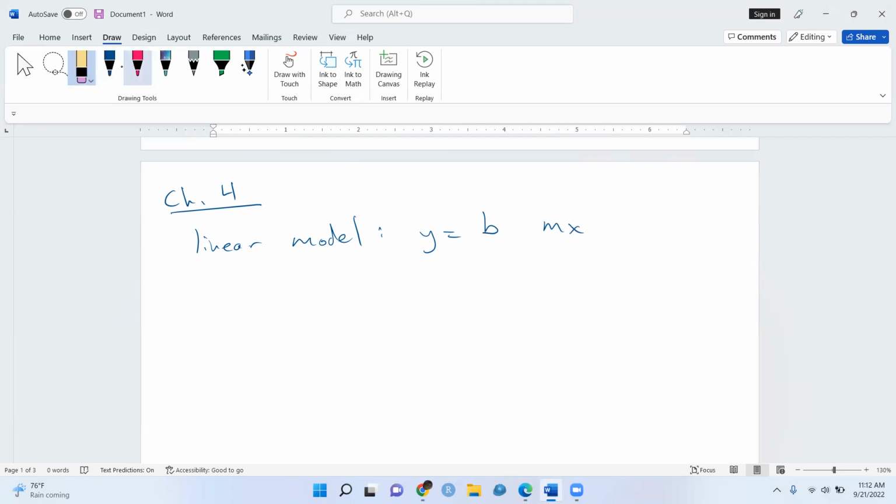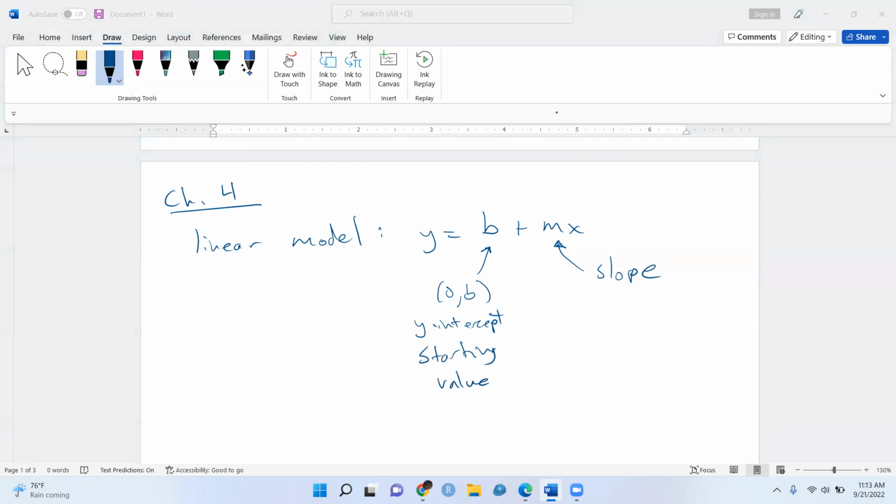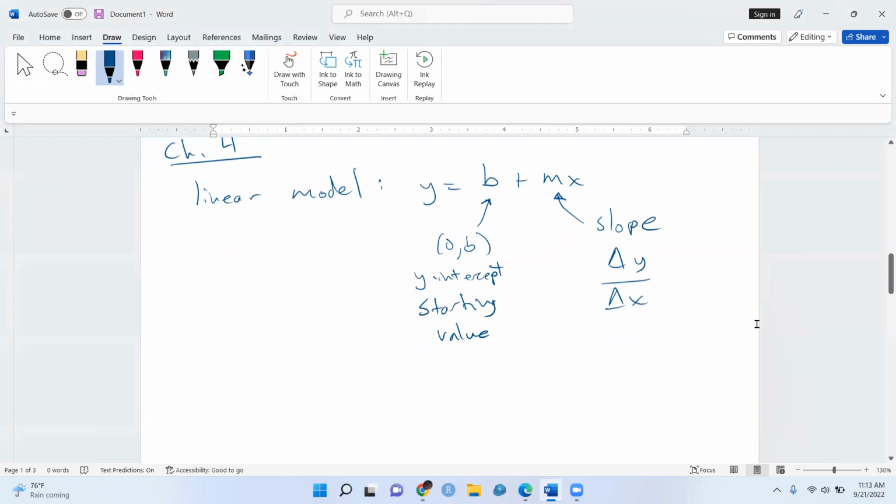You may recall that from algebra 1 and 2. This (0, b) is the y-intercept, also known as the starting value or the initial value. M is known as the slope, and I think your textbook might use A's and B's. Okay, good. So you all know this. This is change in y over change in x. So change in the response variable divided by change in the explanatory variable.